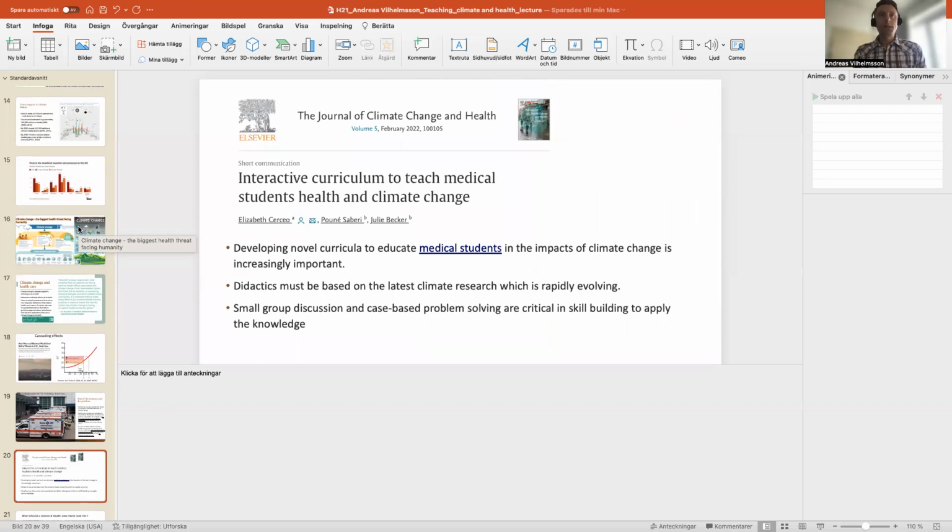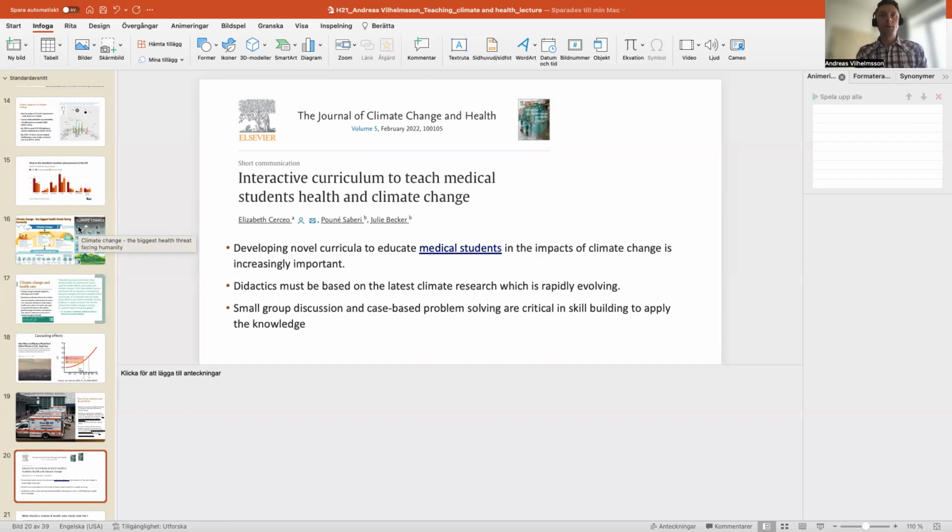There have been some suggestions on how we could make some interactive curriculum to teach medical students about health and climate change. It's very important that we develop some novel curriculum to educate them, and it is becoming increasingly important as the climate change effect worsens.